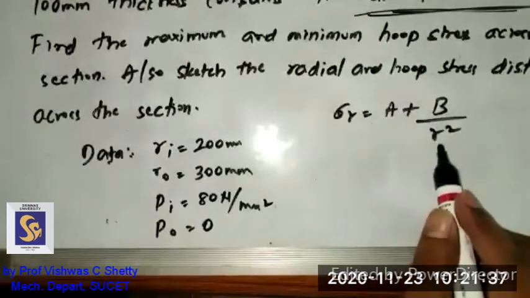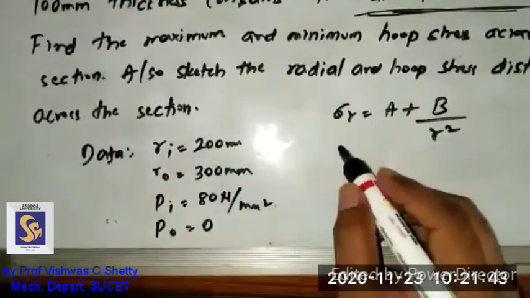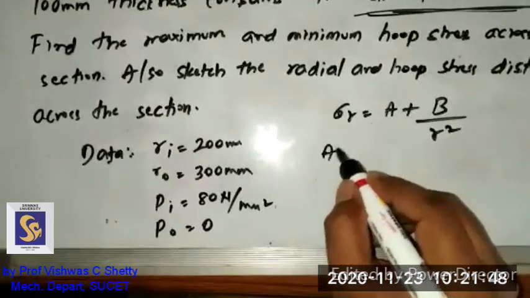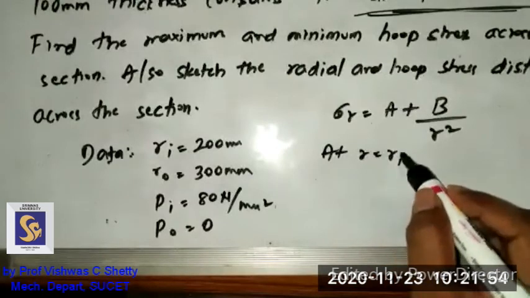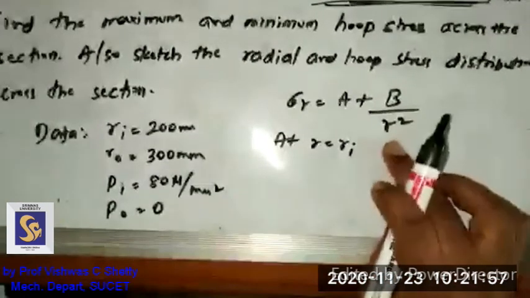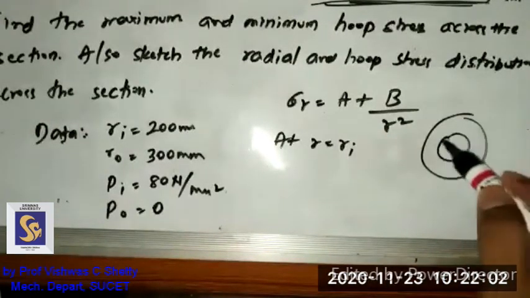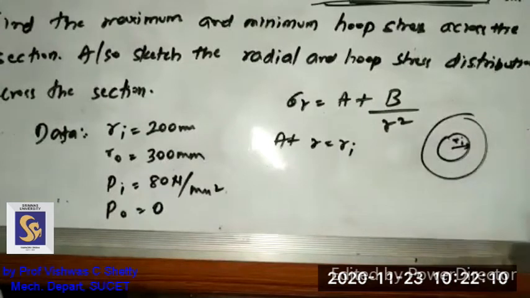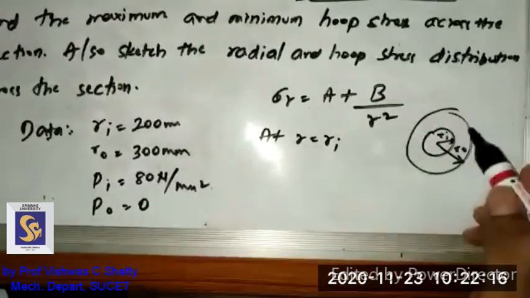Now r is a variable. It can be the internal radius or the outer radius. If r becomes ri, it is the internal radius. If r equals ro, it is the external radius.